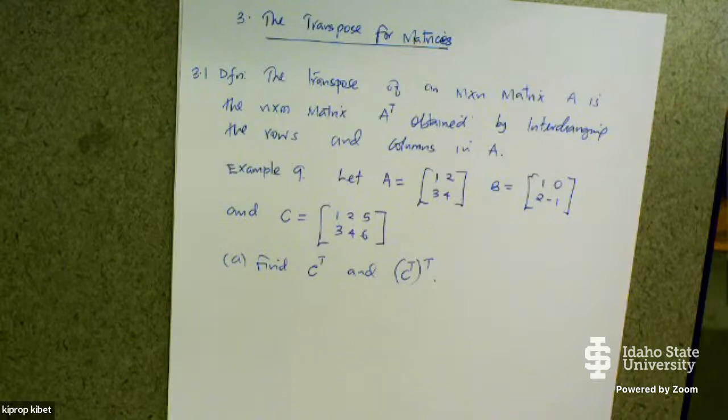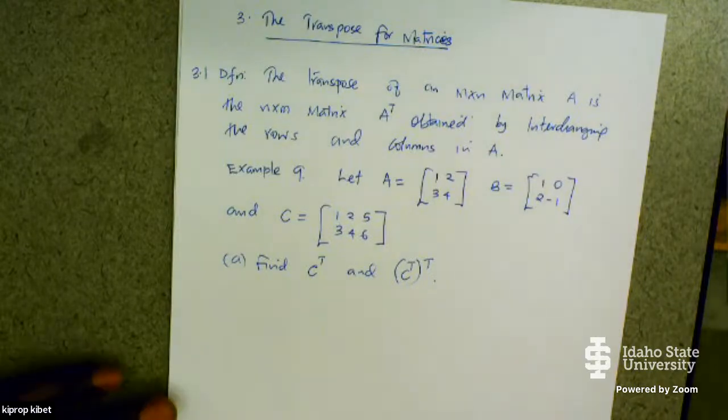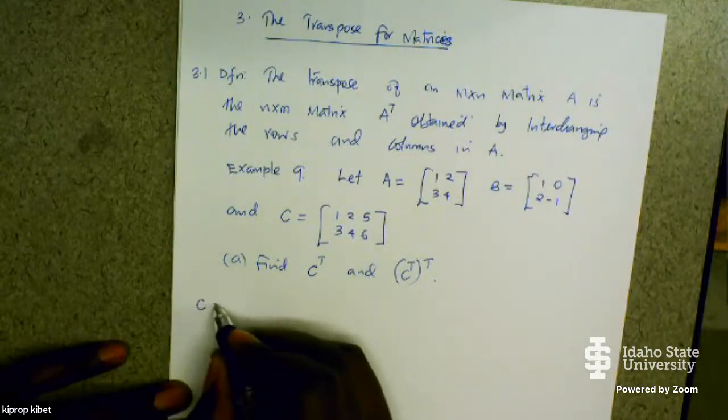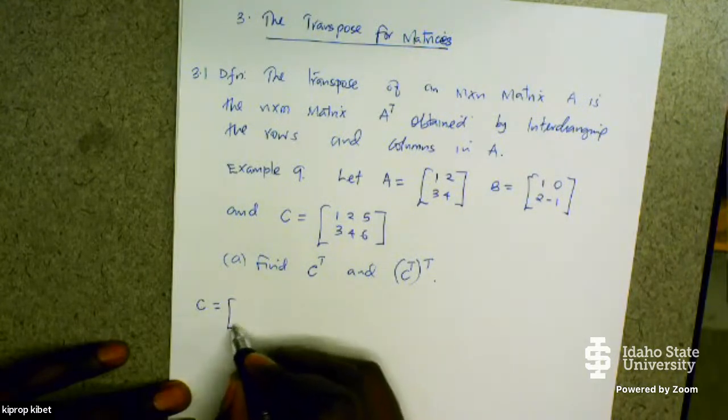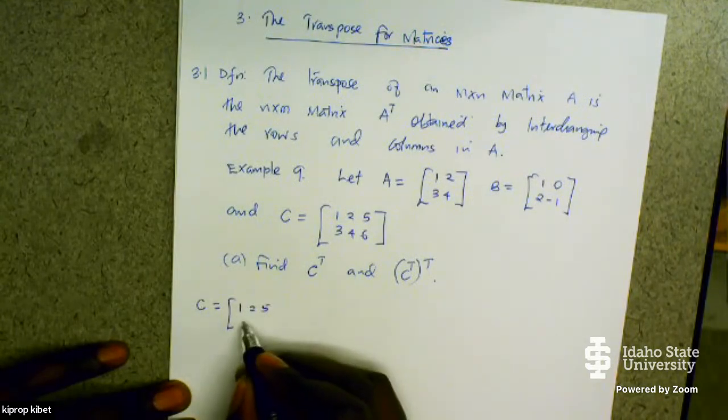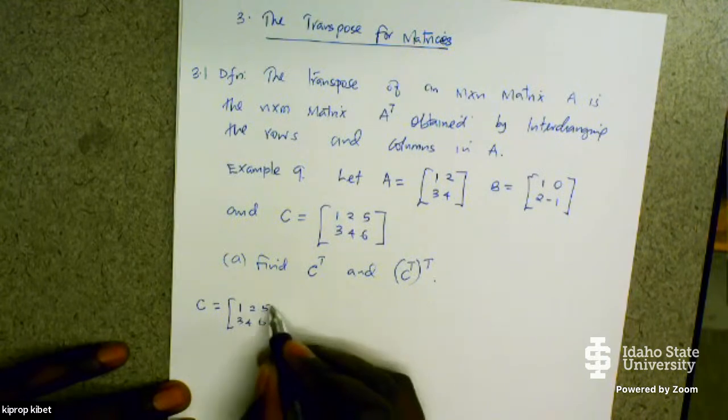So what is C transpose? C is a 2 by 3 matrix, so the transpose of that should be 3 by 2. C in our case is [[1, 2, 5], [3, 4, 6]].